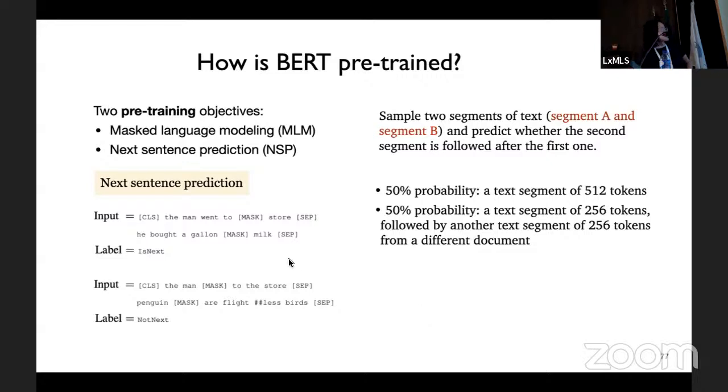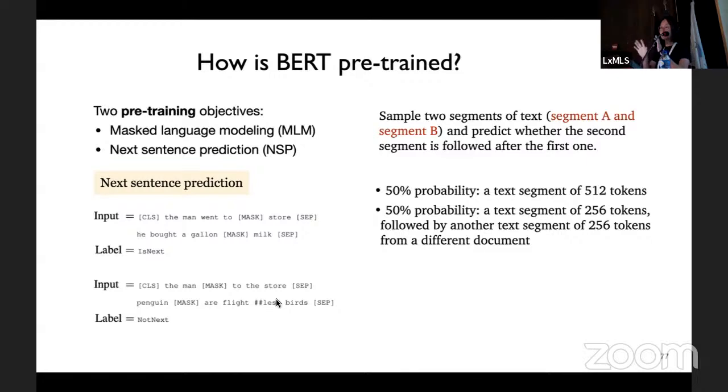The goal of next sentence prediction is to predict whether, let's say, "The man went to the store, he bought a gallon of milk" is actually followed by this sentence, or whether it is a totally random sentence like "Penguins are flightless birds," which is not following the sequence.